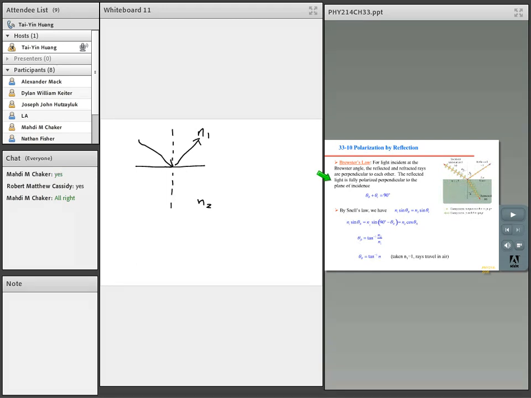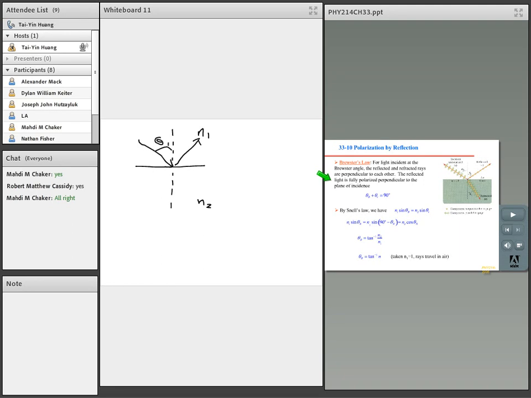So what does the law of reflection tell us? The law of reflection says that the reflected ray lies in the plane of incidence and has an angle of reflection equal to the angle of incidence. This is the angle of incidence, called theta 1.